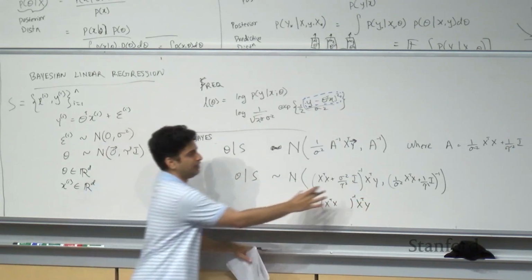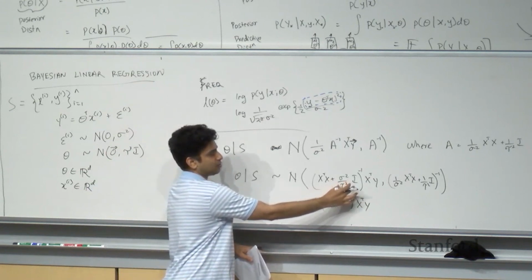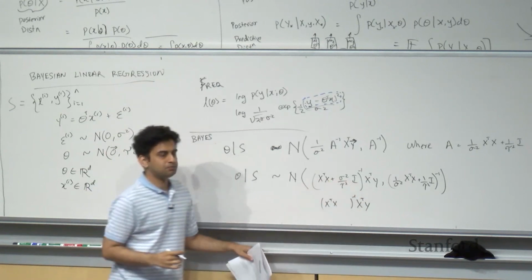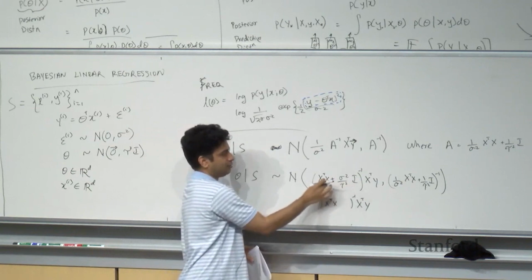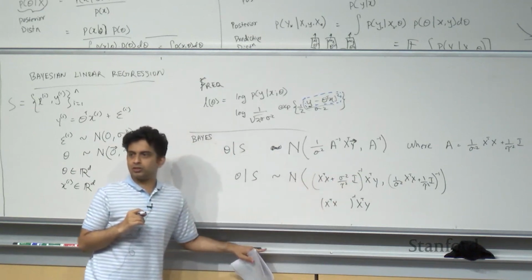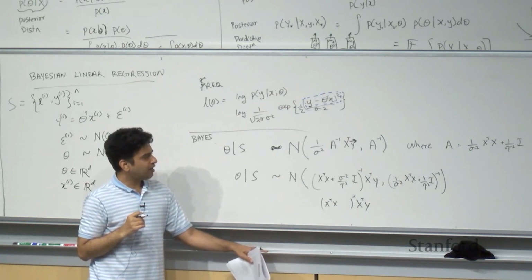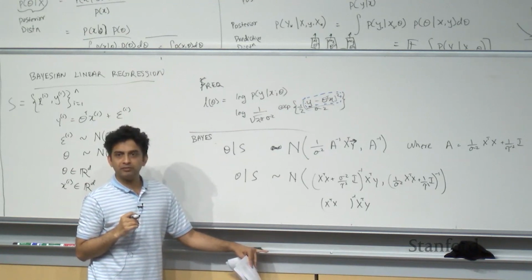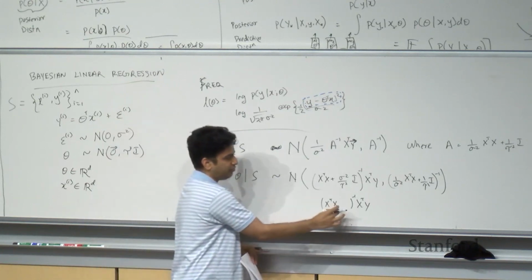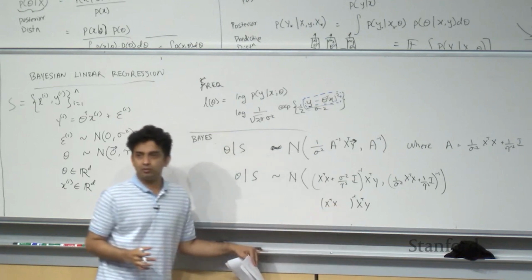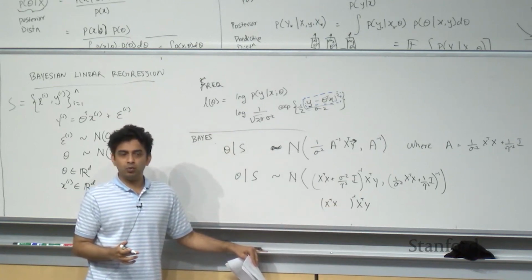This looks very similar, except there is an extra diagonal matrix being added to x transpose x. And I think somebody asked the question when we were deriving the normal equation, how did we invert x transpose x? What if it's not invertible? Right? And one answer is over here.